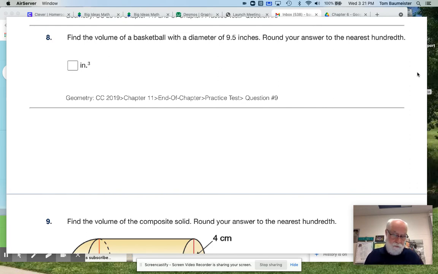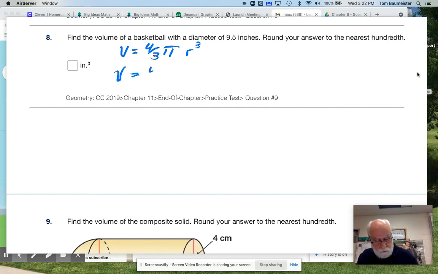Number 9, find the volume of a basketball with a diameter of 9.5 inches. Round your answer to the nearest hundredth. Remember, a basketball is a sphere, so your volume is going to be 4/3 pi r cubed. So you can say that V is equal to 4/3 pi.